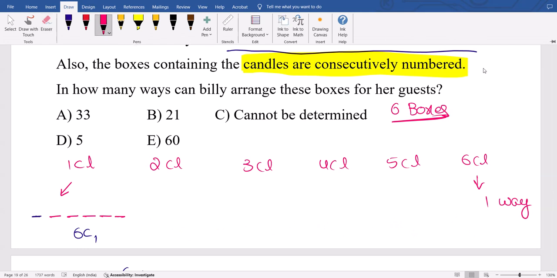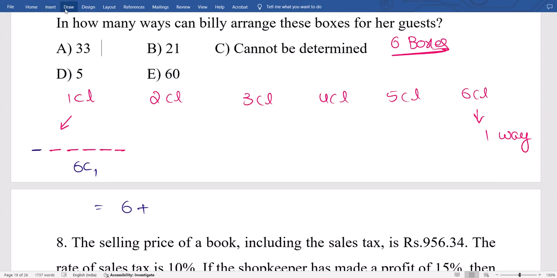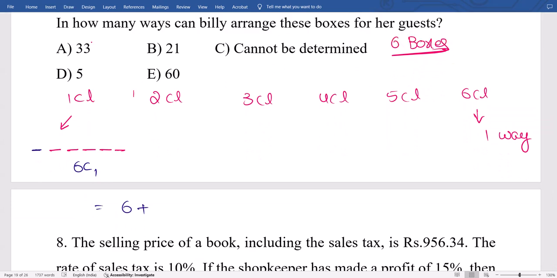6C1 is 6, okay, because it's only one box. It can be the first, or the second, or the third. 6 chances. But for two candles, they should be together. So it can be CC, blank, blank, blank, blank.